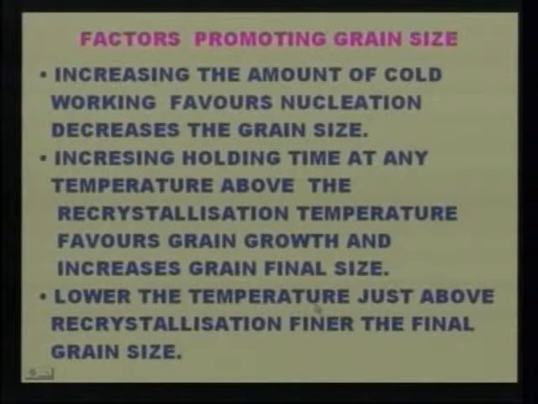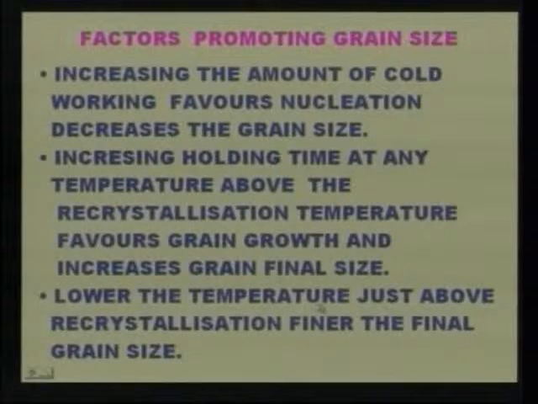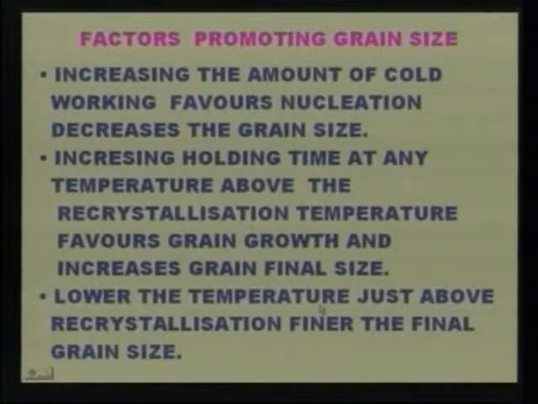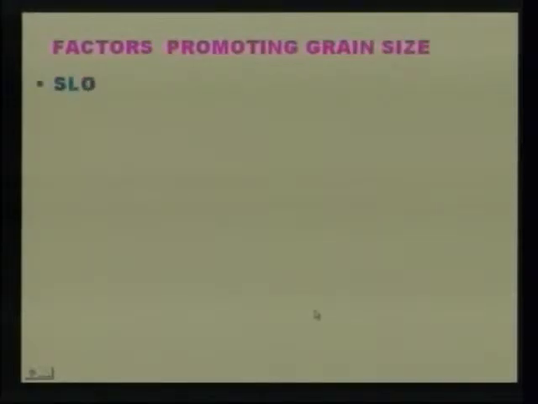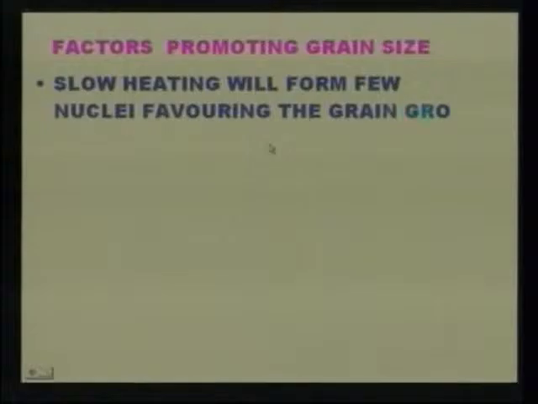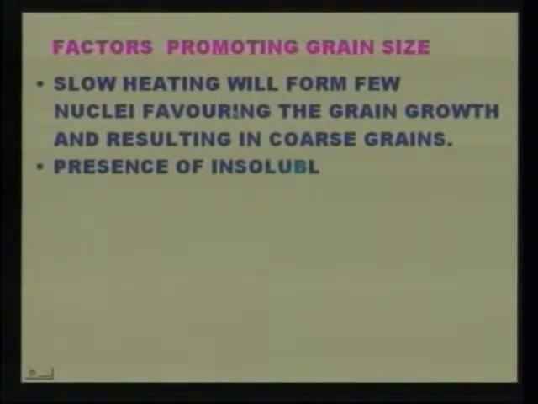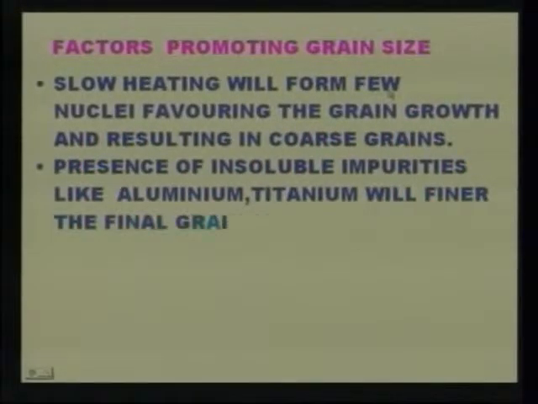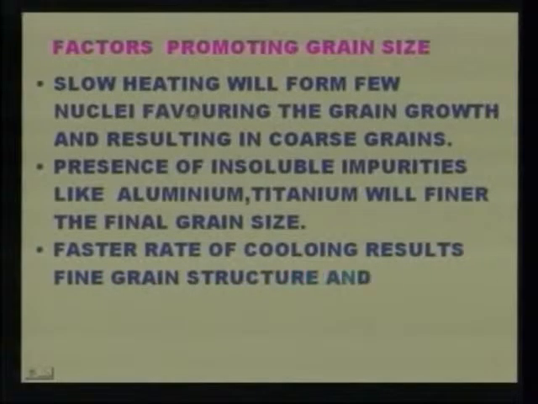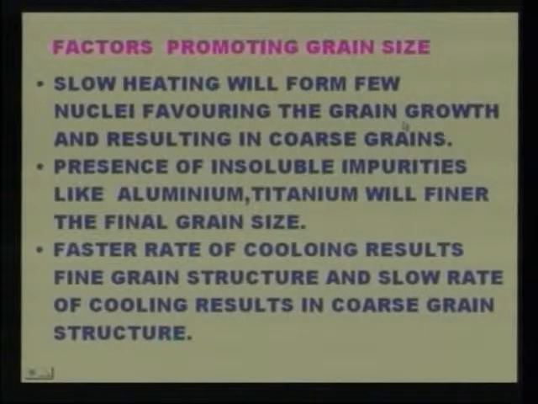By lowering the temperature just above recrystallization, we can reduce the grain size, so that we get a finer final grain size. So you can promote the finer grain material. Now let us see some more points on grain size. Slow heating will form few nuclei, favoring grain growth and resulting in coarse grains.